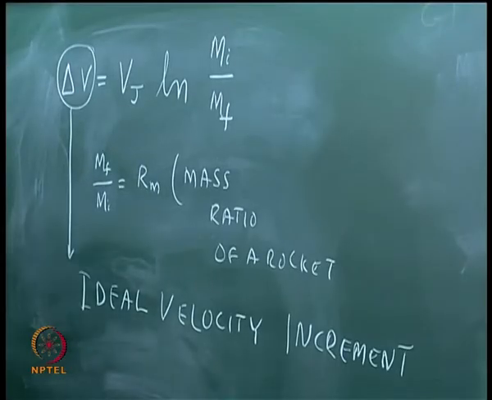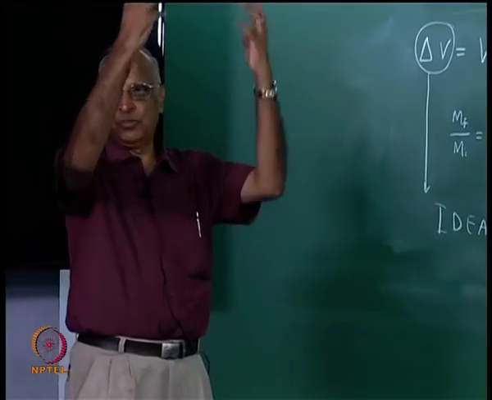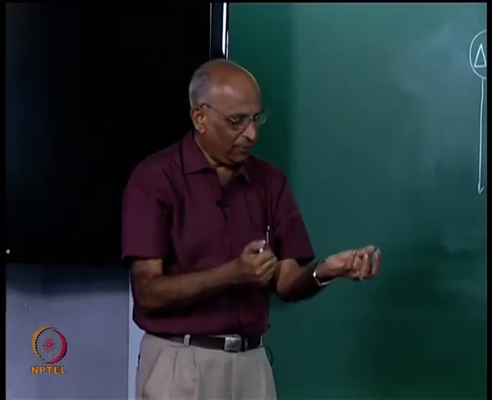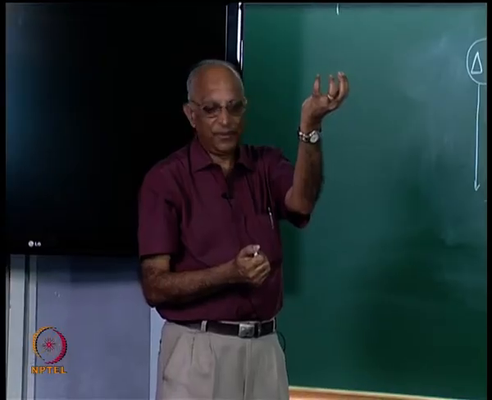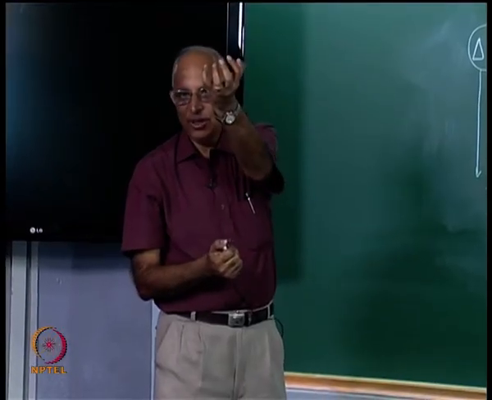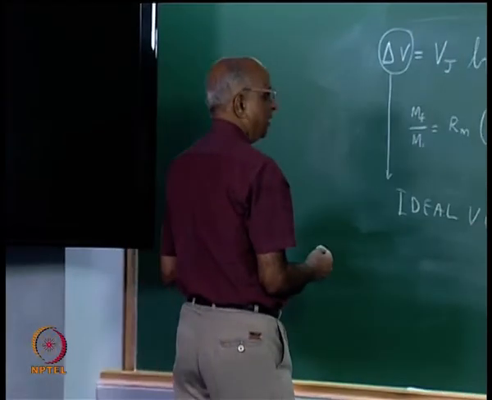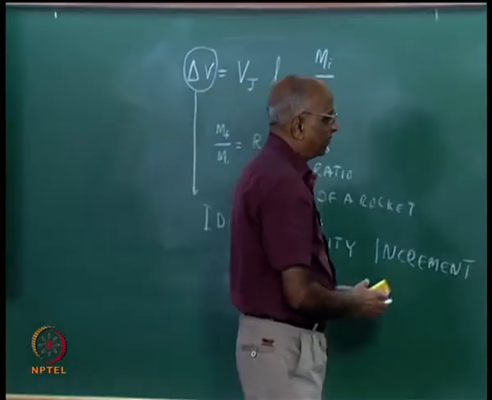Now, let us go back and see what did we learn in the earlier 5 or 6 classes. What did we tell ourselves? To be able to put a satellite or an object in space, I have to overcome the potential energy, I have to give the orbital velocity, and the total velocity we derived the expression.